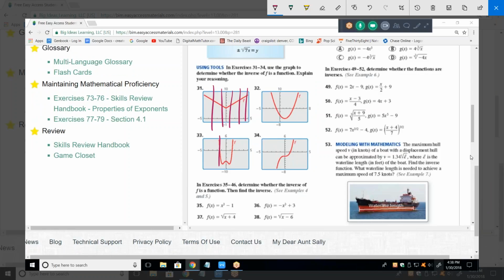Same thing there. Doesn't matter where I draw that vertical line, I'm only crossing one y value. Same thing there, same thing there. So all 4 of those are functions. Now, for the inverse to be a function, it has to pass another test besides the vertical line test. What test?